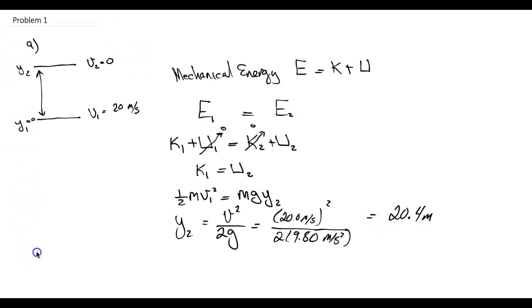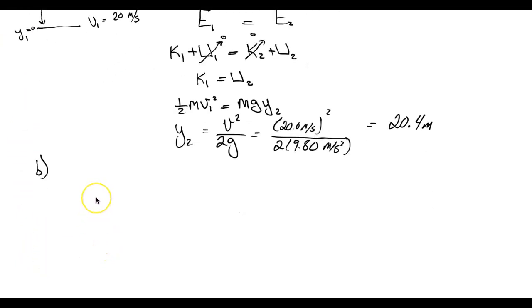In part B now, we're told there's a force that the hand exerts on the ball, and that's the reason why the ball is tossed upward and it moves upward, and we want to find what that force is, assuming it's constant.